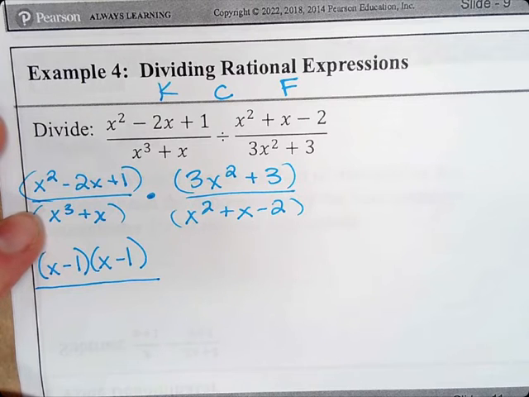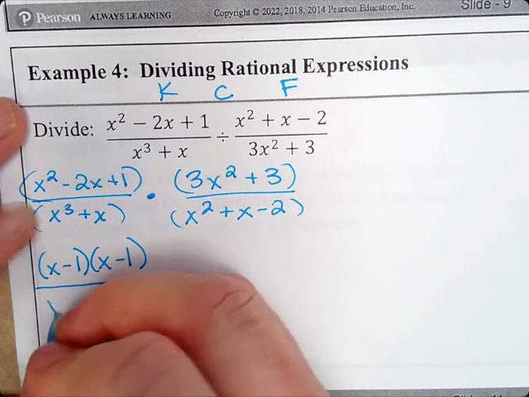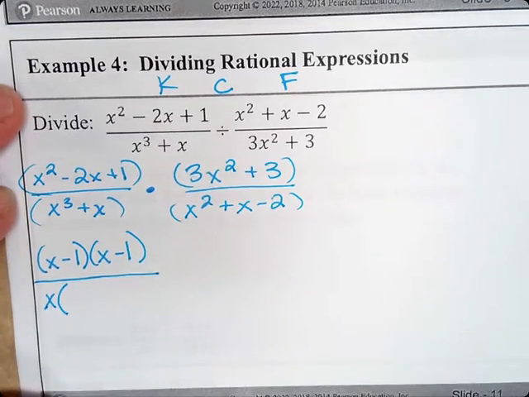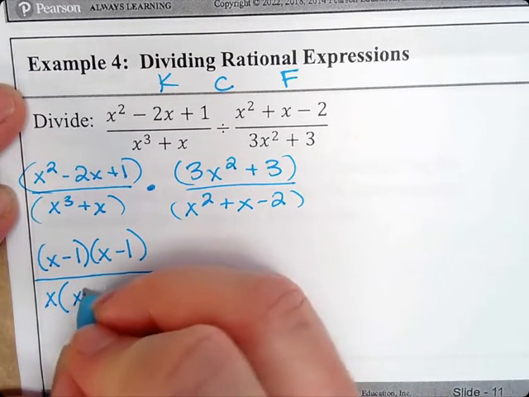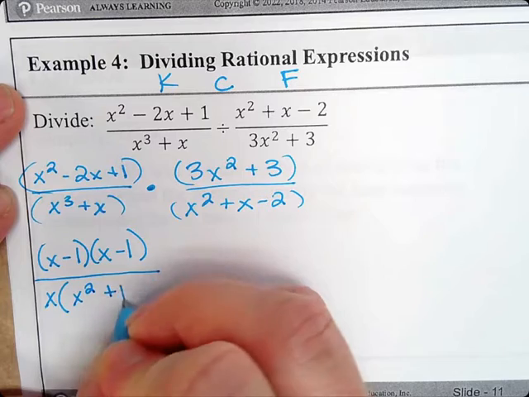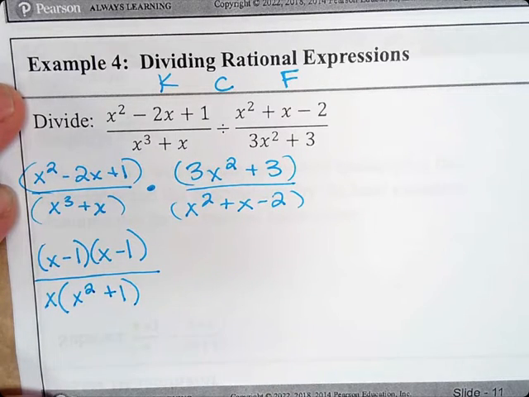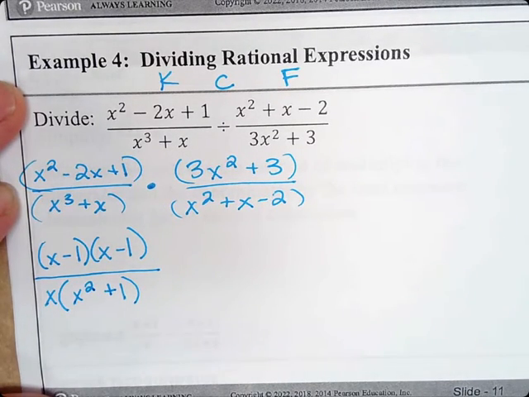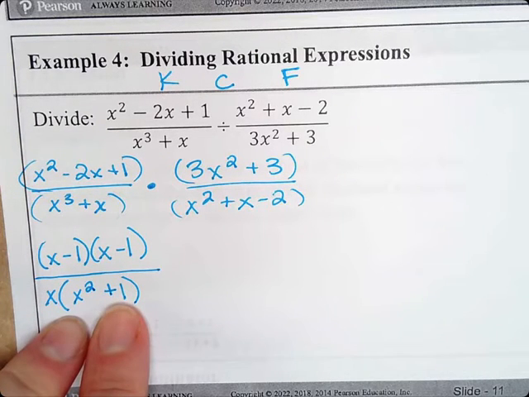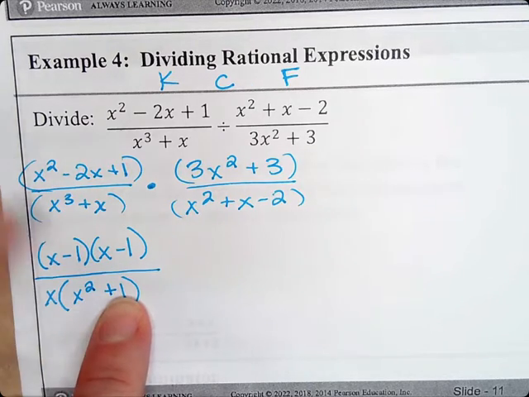What can I factor out of x cubed plus x? X. So what's left? X squared plus 1. They are squares, but it's not a difference of perfect squares. It's the sum. So we can't actually do anything there.